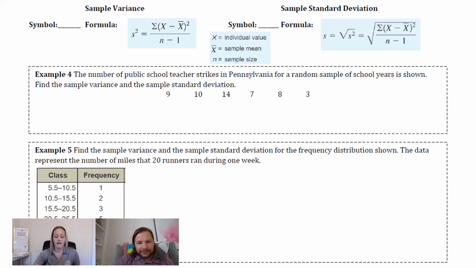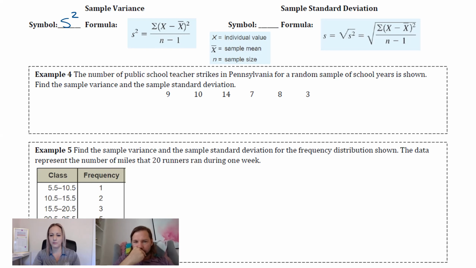Okay, so one other topic we're going to look at is the variation and standard deviation for samples. So this is going to be really similar to what we were doing for populations. We do use different symbols though. So the symbol for sample variance is going to be a lowercase s squared. So sigma goes with population, s goes with sample, so s squared.